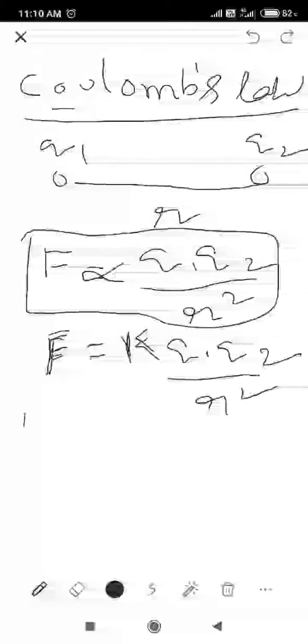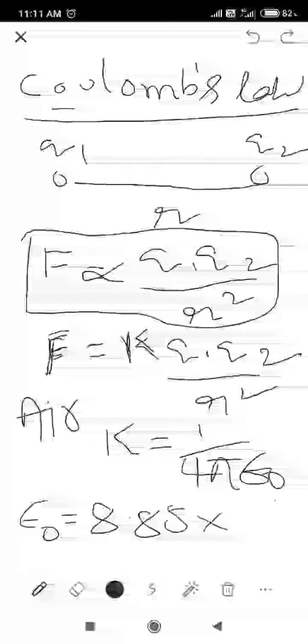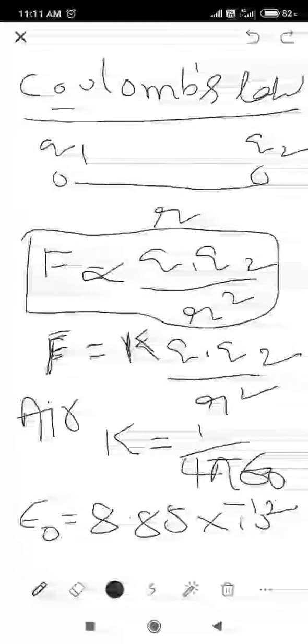If the charges are in air medium, then k value will be equal to 1 by 4 pi epsilon naught. Here epsilon naught is called permittivity of free space, and we know this value is 8.85 into 10 power minus 12 coulomb square per Newton meter square.